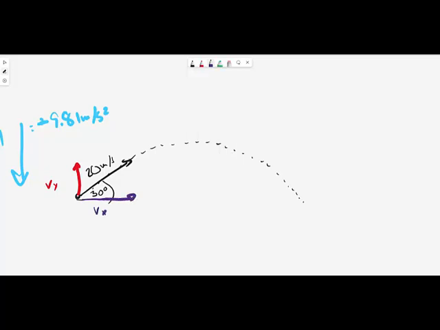Now, that x component all along this projectile's trajectory remains the same because there is no acceleration along the x. So this right motion will always stay the same.